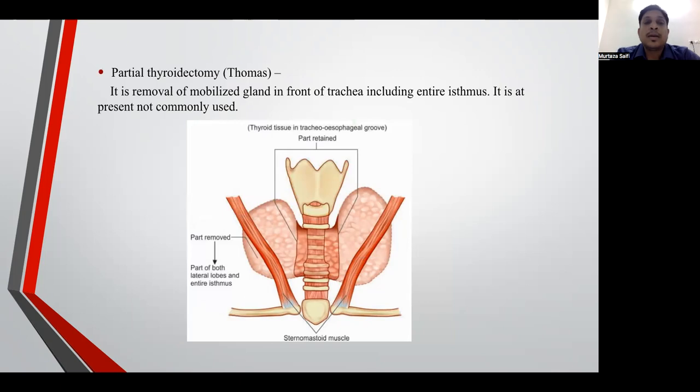Then there is partial thyroidectomy, named after Thomas. It is the removal of the mobilized gland in front of the trachea, including the entire isthmus. Presently, it is not commonly used.